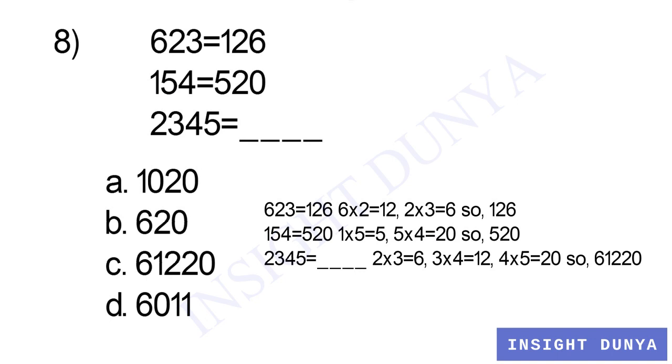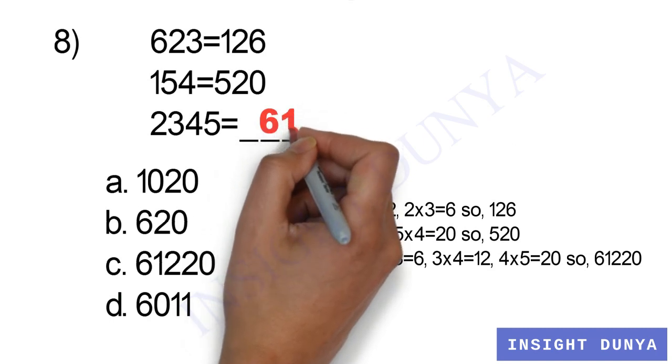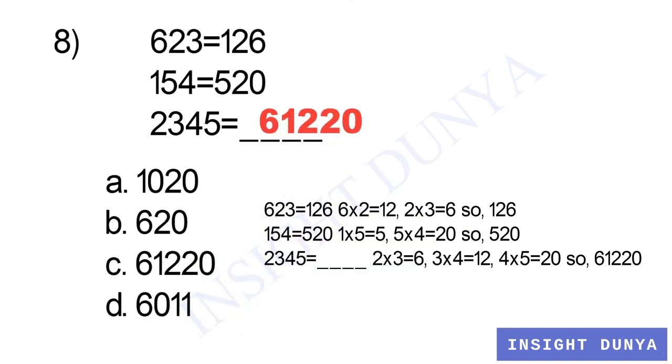Therefore, in 2345 is equal to dash, 2 multiplied by 3 is equal to 6, 3 multiplied by 4 is equal to 12, and 4 multiplied by 5 is equal to 20. Hence, the answer will be 6, 12, 20. So 2345 is equal to 61220. Enough for this video.